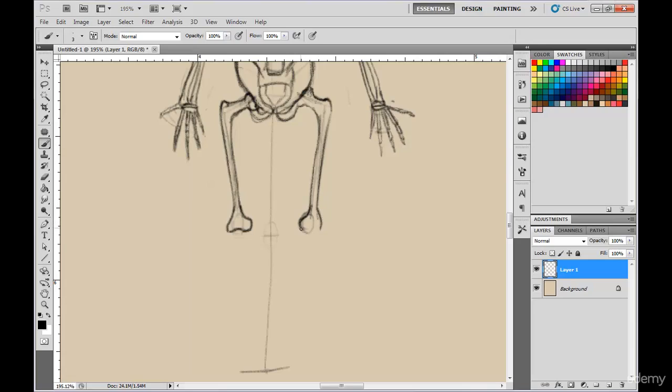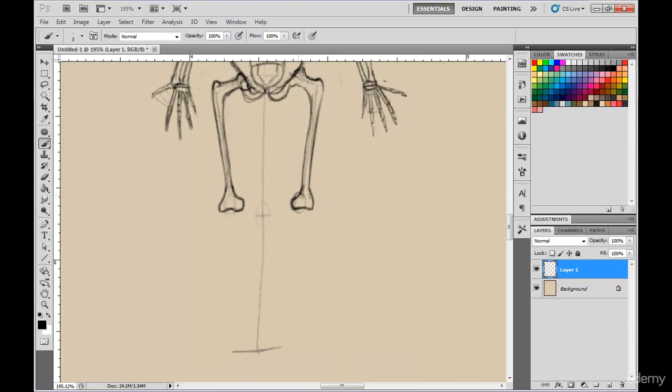Don't think, whatever, skeleton's not that important. It's important. Don't skip this part. The success of my course relies on you trusting me. So if you want your figure drawings to come to a whole new level, you got to trust me that I'm giving you proper information and the proper exercises that will get you better.